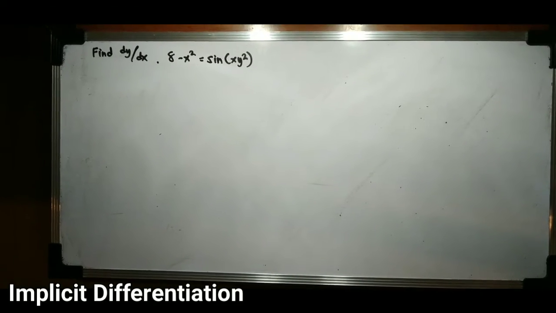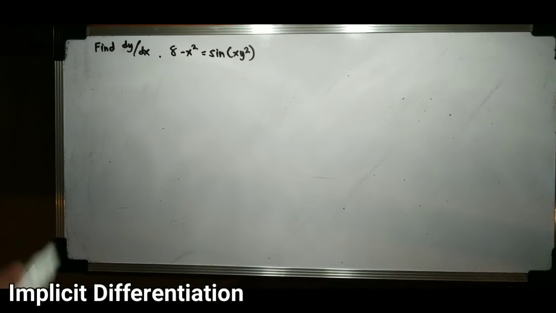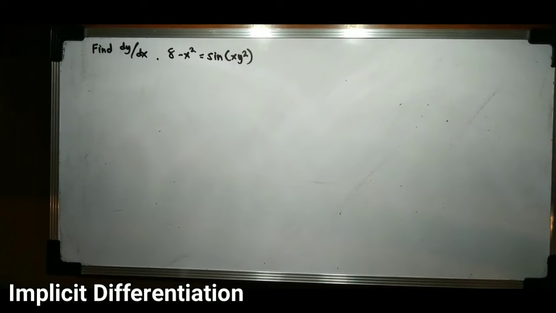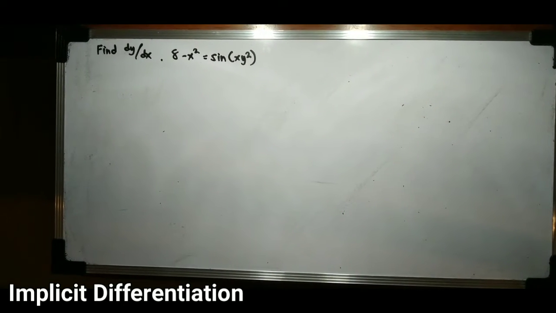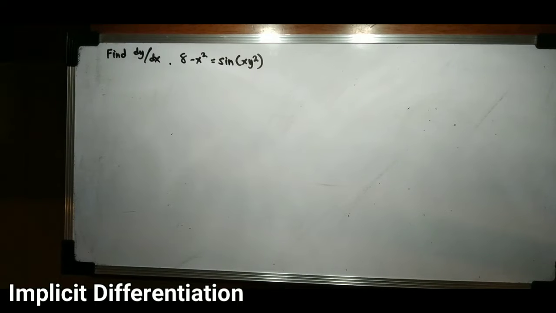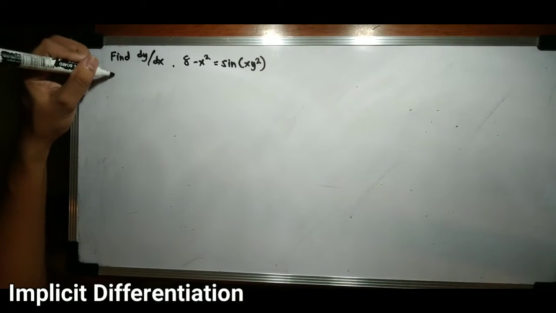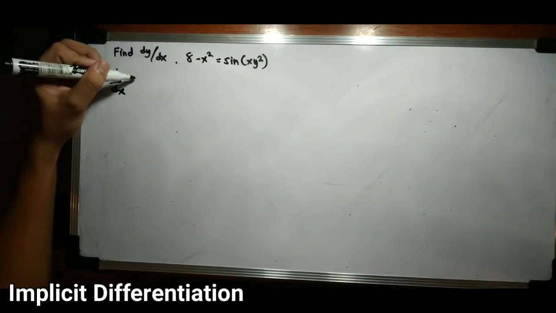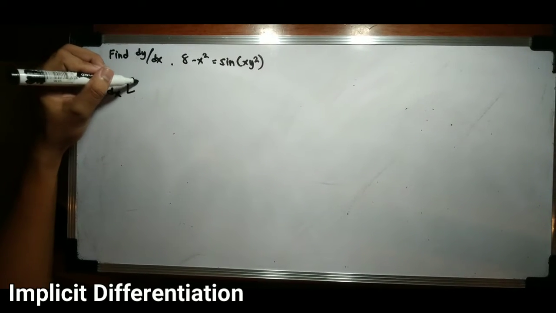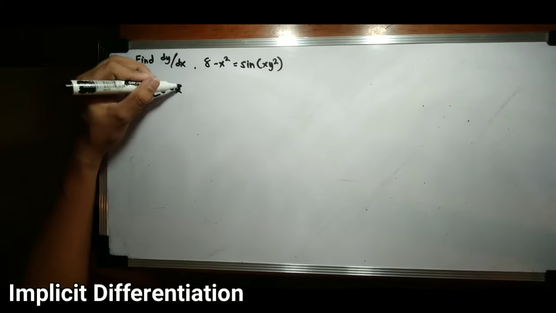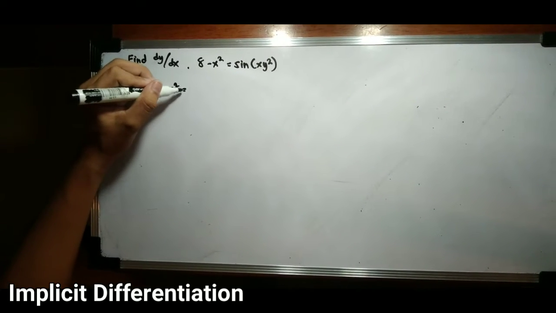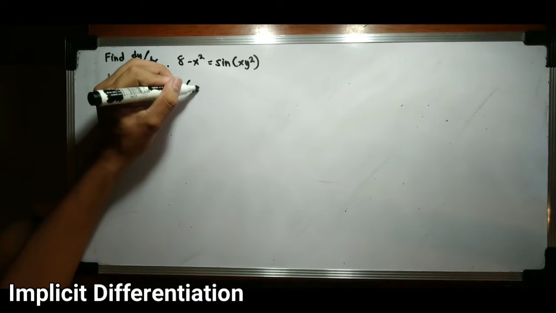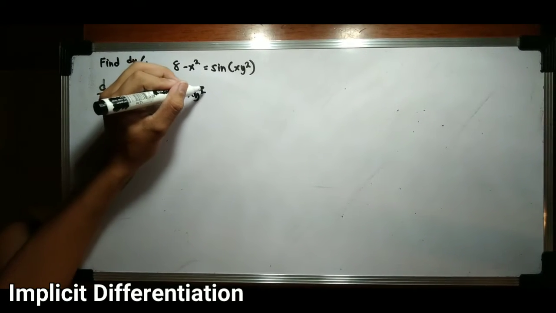So now let's solve implicit differentiation. Find dy over dx. 8 minus x squared is equal to sine xy squared. So first, let's differentiate d over dx of both sides.